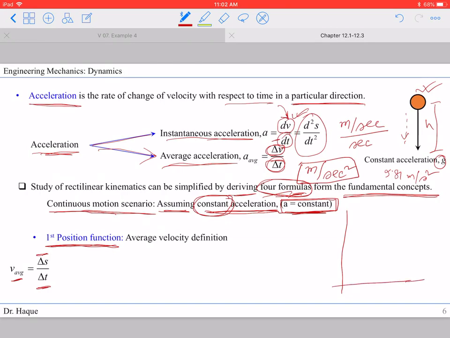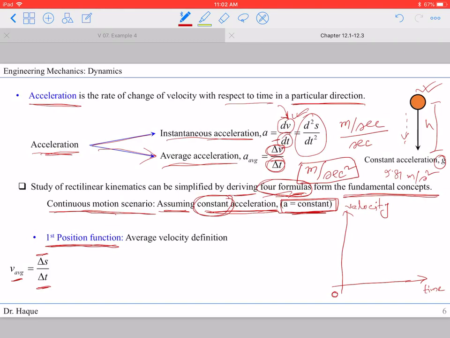If we have a plot with time in the x direction and velocity in the y direction, and this is 0, so there is 0 time, 0 velocity.